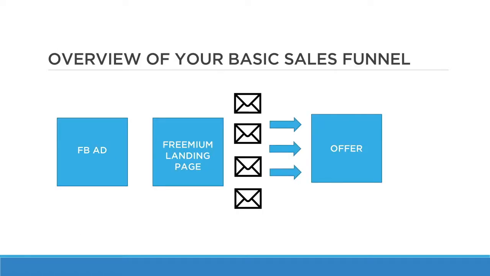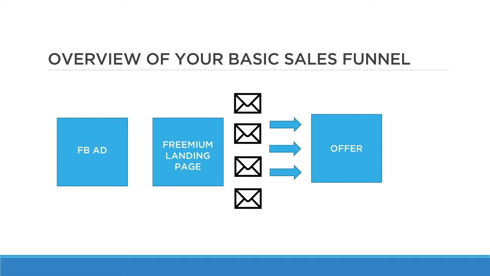So to give you an overview again of your basic sales funnel, Shailene went over this in a previous video, but we're going to be driving people off of Facebook. So we're going to start with our Facebook ad on the left, and we're going to be moving them to our freemium landing page. And after they get our freemium, we're going to follow up with a series of emails, and those series of emails are going to push them to our offer. All right. So this is a basic sales funnel.